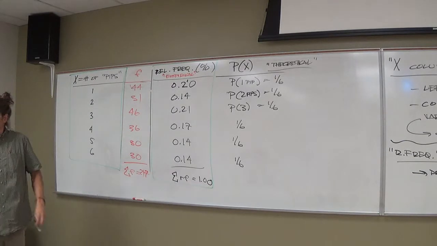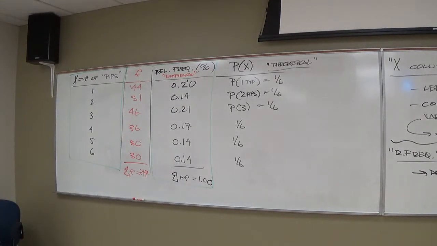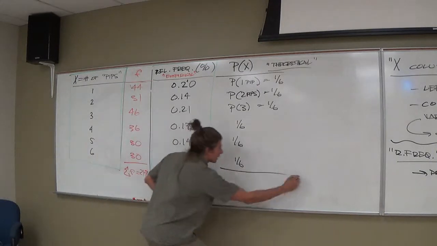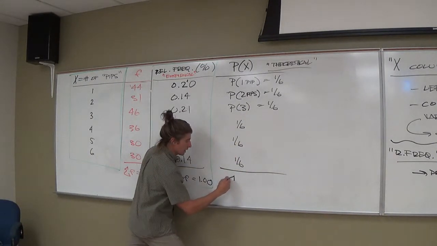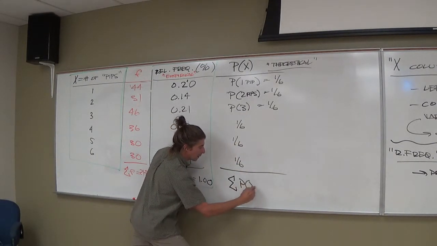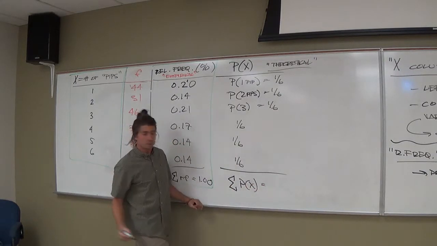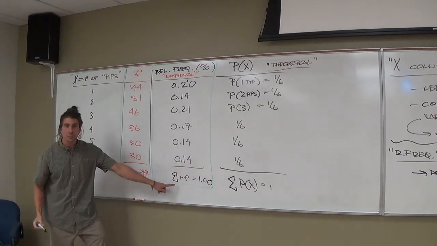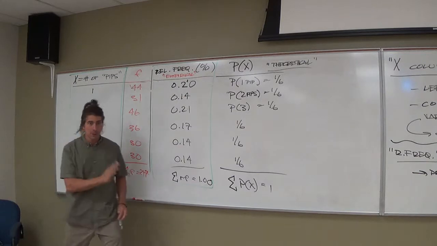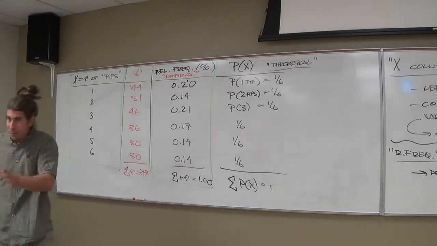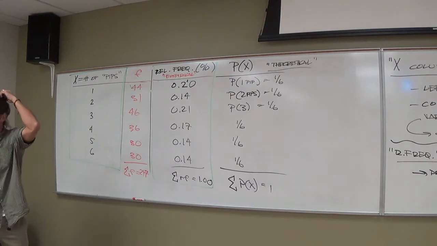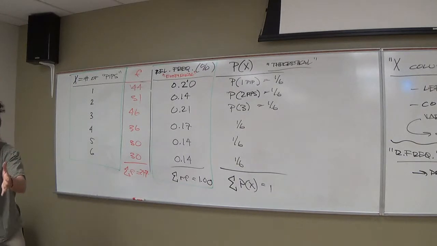What I want to attack now is, first of all, if I was to sum up all the probabilities of x, just like the percentages sum to 1, so do the probabilities. Now this is a function of mathematics, but it's also a function, hopefully you see, of logic. They have to add up to 1.